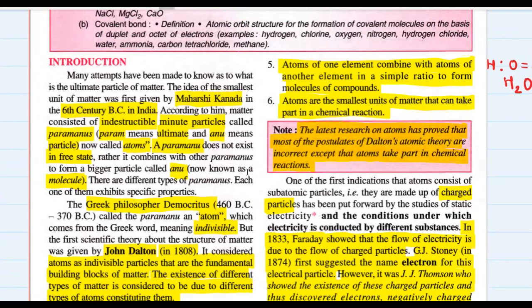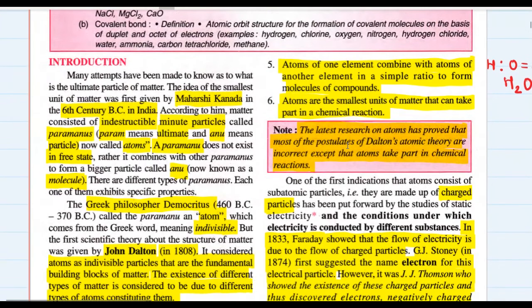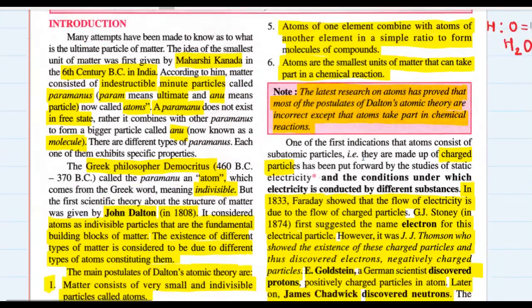Everybody thought that there is a small particle of which this atom is made up, which is indestructible. Then came, in the early 19th century, John Dalton, who gave some theory regarding atomic structure. Not all the main postulates of this theory were correct, but some of them were accurate.